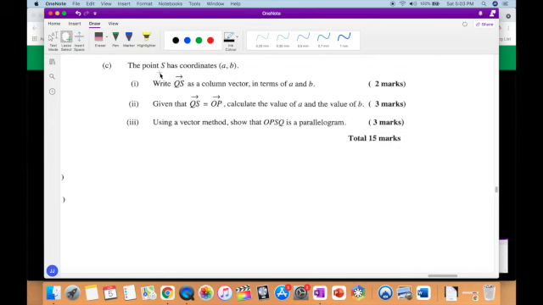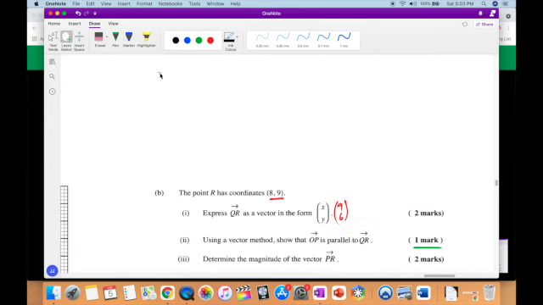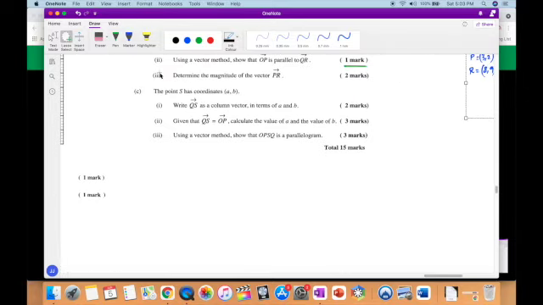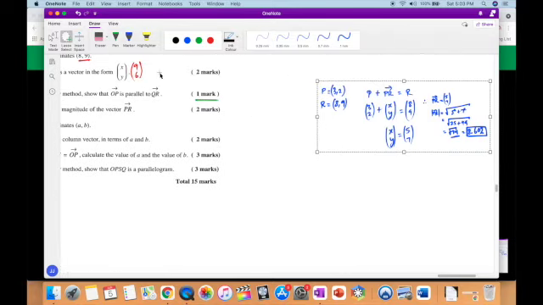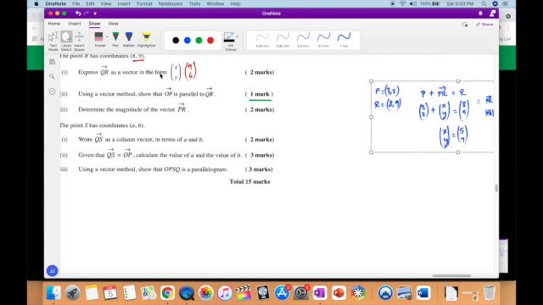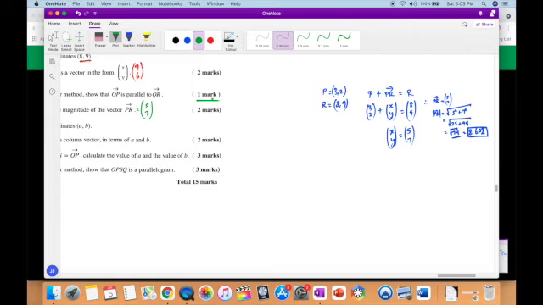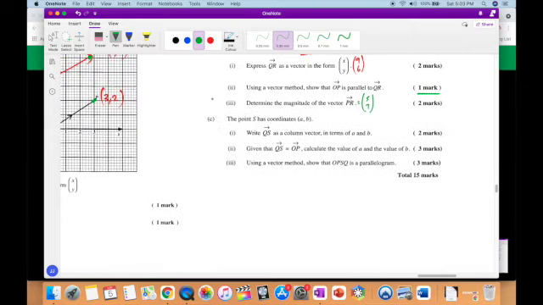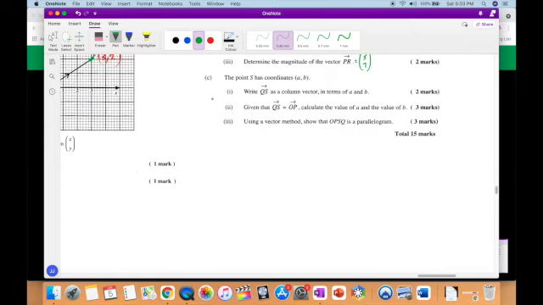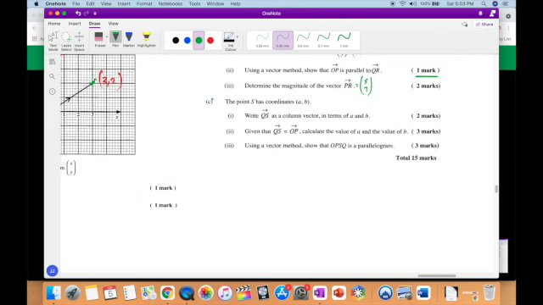The point S has coordinates AB. Okay. What did I get for PR? The vector PR is 5, 7. So let me just put that over here, 5, 7, just in case I need that, right? The point S has coordinates AB, okay?